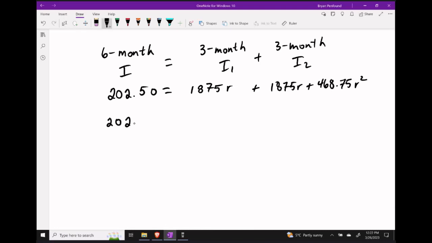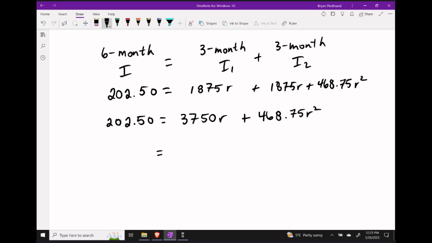Let's go ahead and collect like terms on the right-hand side. 1,875 plus 1,875 is 3,750. Now I notice that this is a quadratic equation because we have a power of r squared.